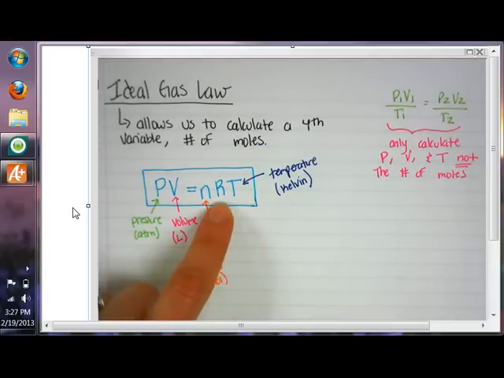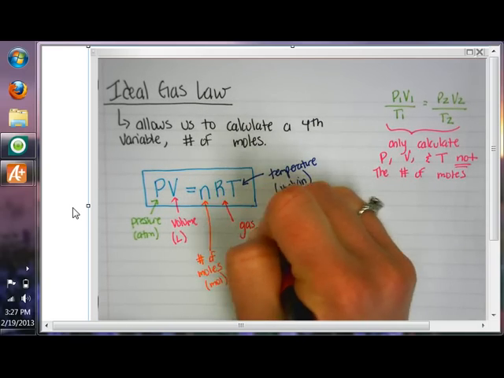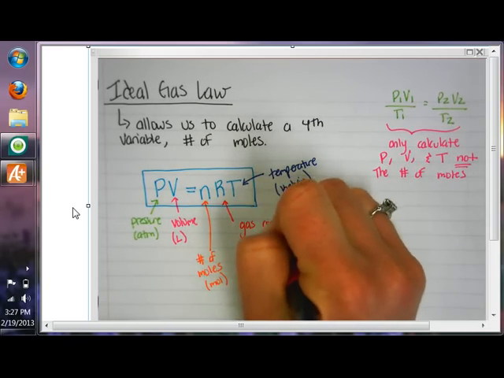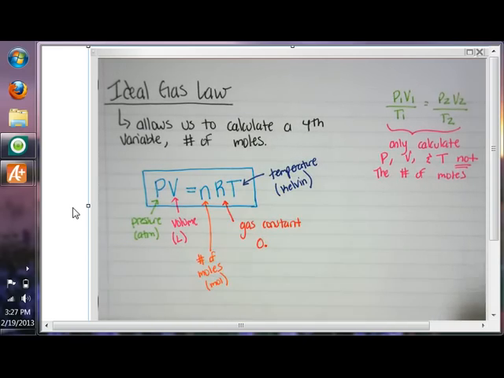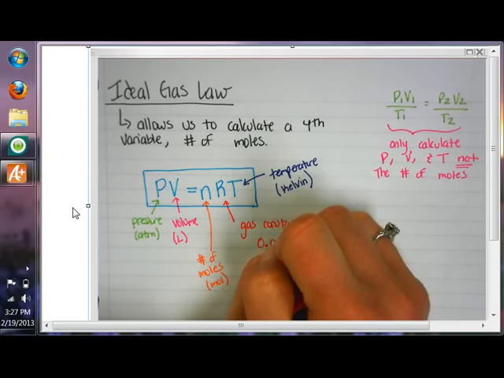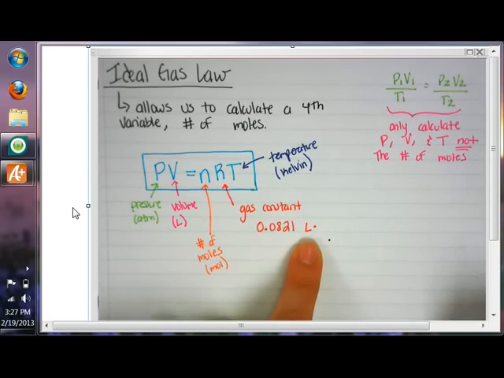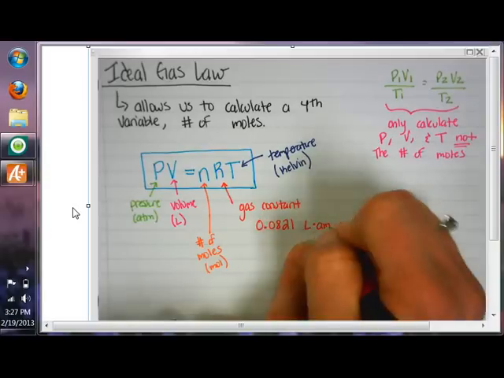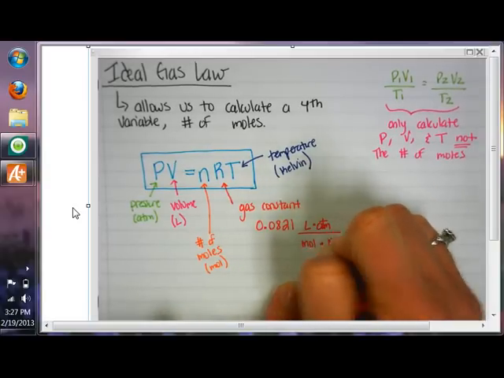And last but not least, we've got R, which is the gas constant. The gas constant is always the same number. It's 0.0821, and the units are liters times ATM all over mole times Kelvin.